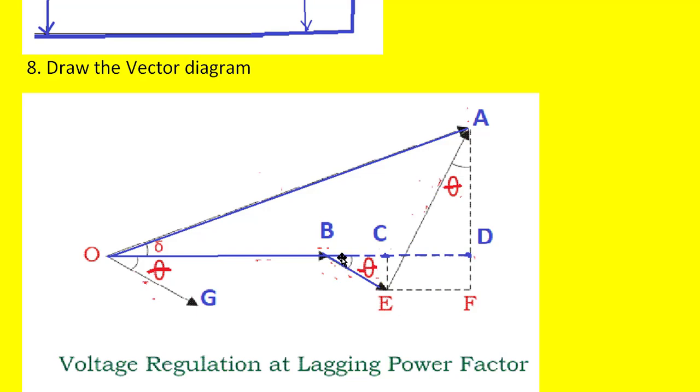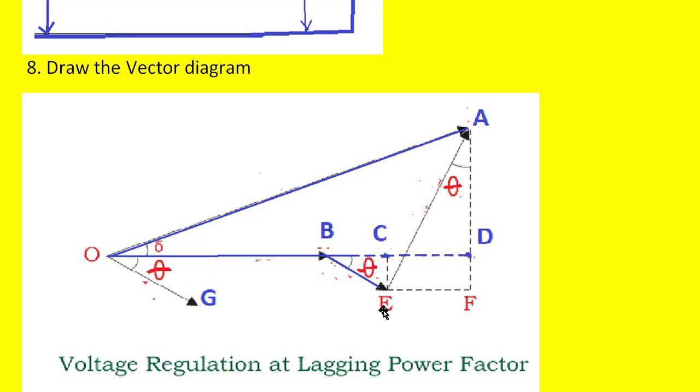Draw a dotted line from B onto the AF line like this, and draw the line A to F, a line parallel to the y-axis. Similarly, draw a dotted line from E so that it touches the point F, which is extended from A to F. Similarly, from B to D, we draw a dotted line like this.